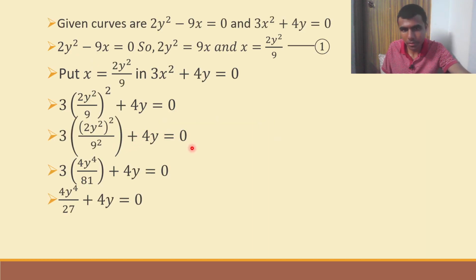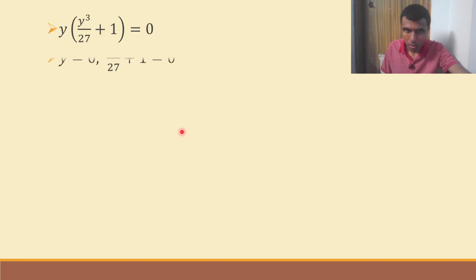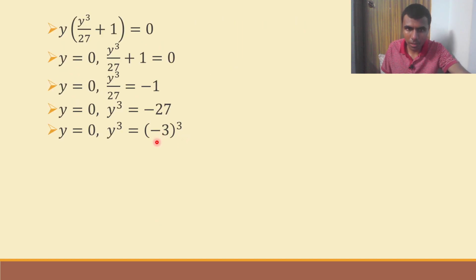That's why just consider y equal to minus 3, because they are asking us to find out the angle between the curves in the fourth quadrant. So I need to find out a point in the fourth quadrant. Y equal to 0 is not a point in the fourth quadrant. First, let's solve.